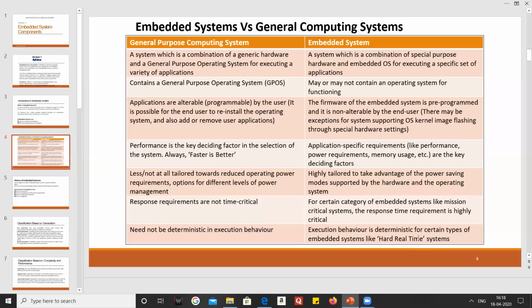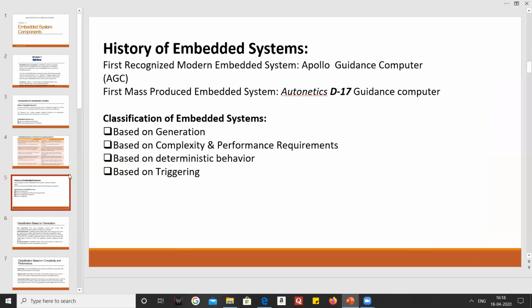So now let's go to the next slide. What is the next slide talking about? It is the history of embedded systems. Here we just understand that even embedded systems have evolved over the years. Initially it was recognized by the Apollo guidance computer, and the next mass production happened with the Autonetics D-17 guidance computer.